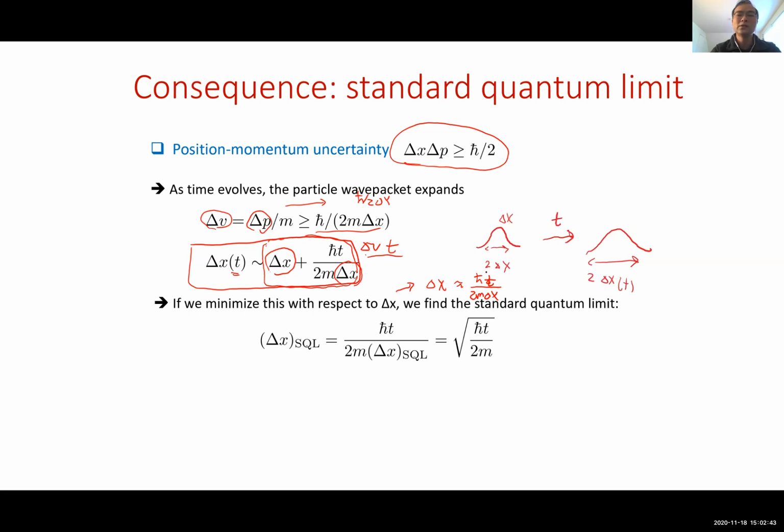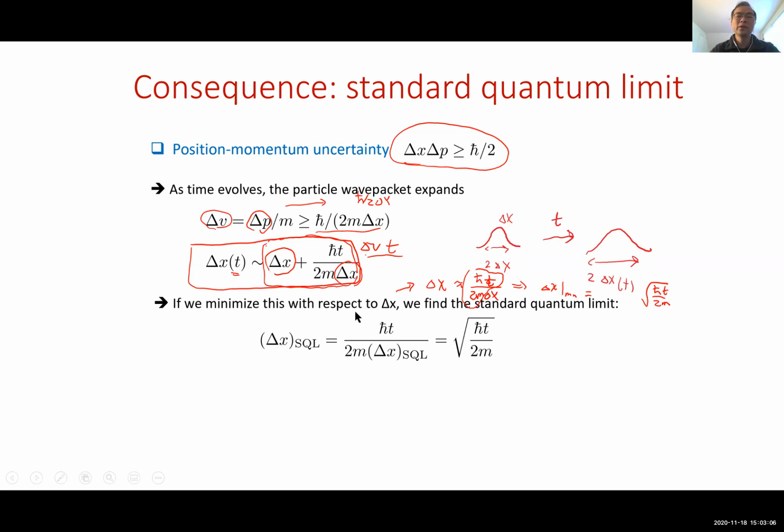When they balance, this holds, and that means the minimum would be just the square root of h bar t over 2m, right? This part is the square of delta x.